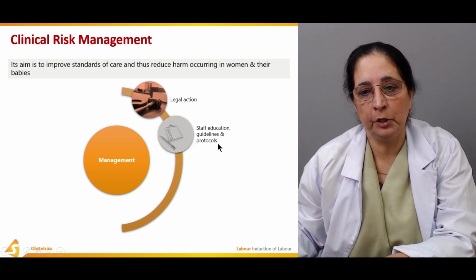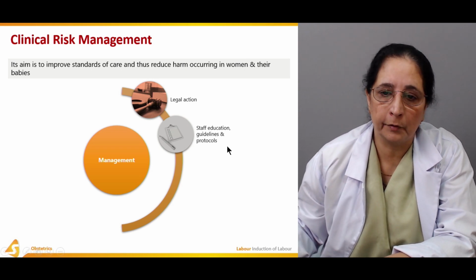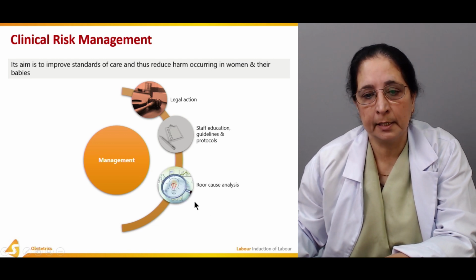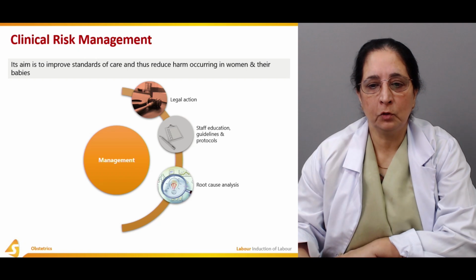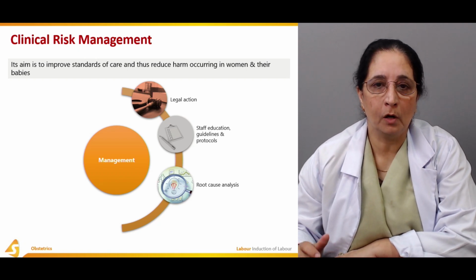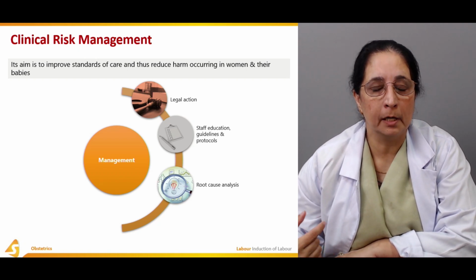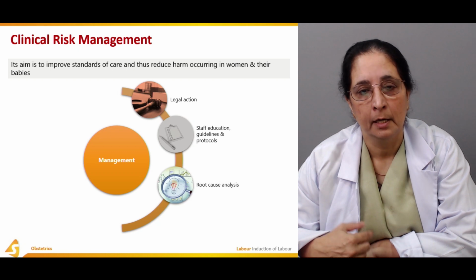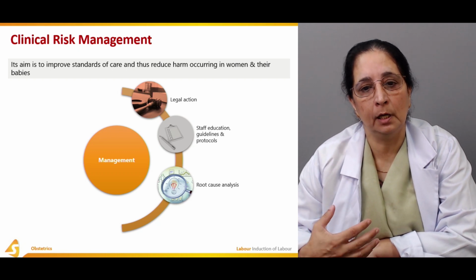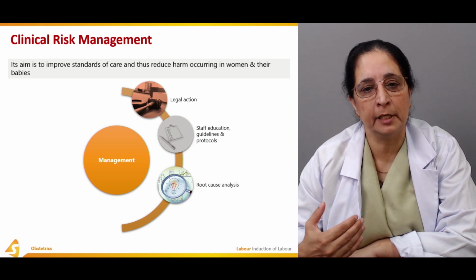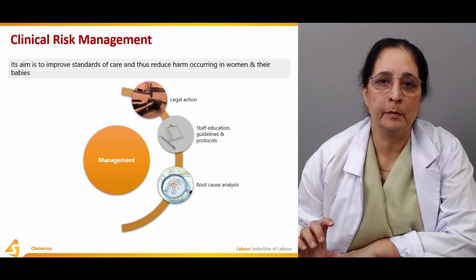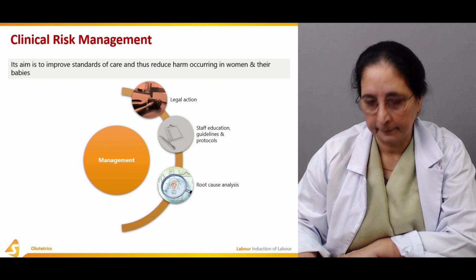Then staff education, guidelines, and protocols are other important management steps. Next is the root cause analysis. The root cause of the poor outcome of the pregnancy is important. Where things went wrong is important. So we should take special precautions and steps to improve the standard of care and remove that root cause.